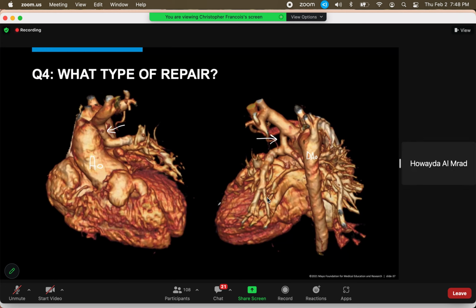So we're trying to create a shunt for a congenital heart disease that requires a shunt. Otherwise, they won't survive. That's what I'm thinking about. So that would be a transposition of the great arteries. I see the aorta arising from the right ventricle.